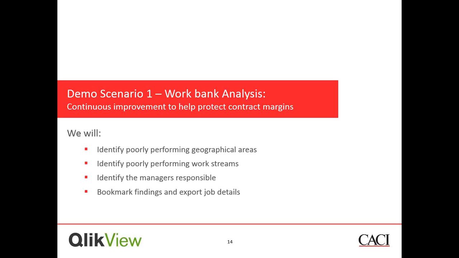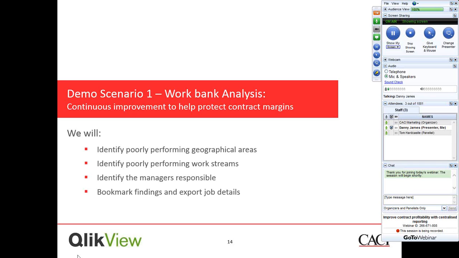So in the demonstration, we'll identify poorly performing geographical areas, we'll identify poorly performing work streams, the managers responsible for that, and we'll either bookmark our findings and export the job details for further analysis. So if I'll just move on to the application.